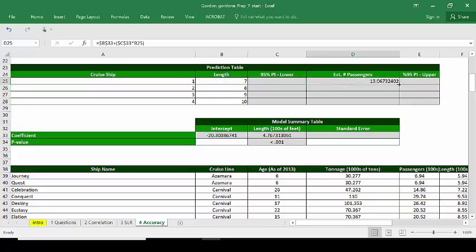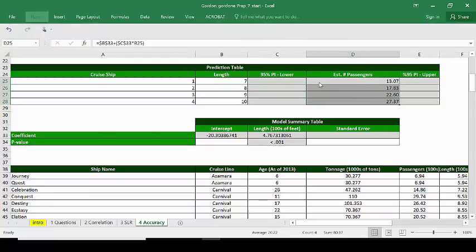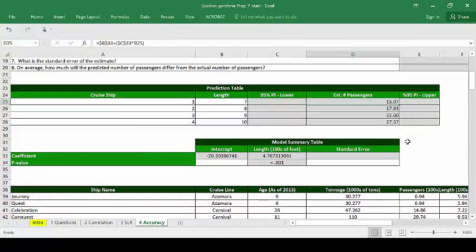Here you can see the estimated number of passengers. So you can see that these are the estimated number of passengers for each ship, and we base that on the length of the ship. And keep in mind that this data is in hundreds.